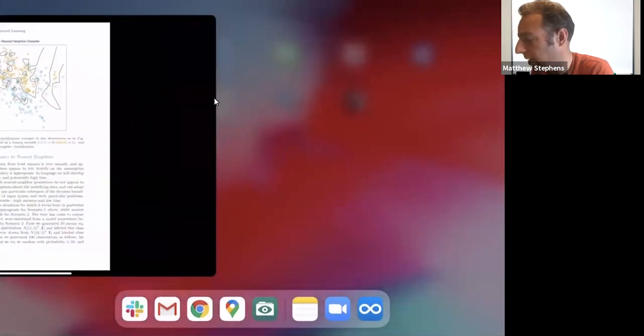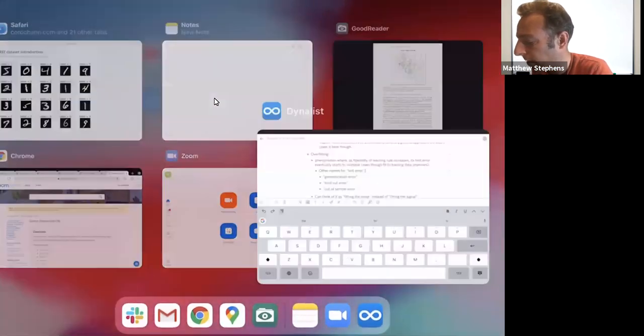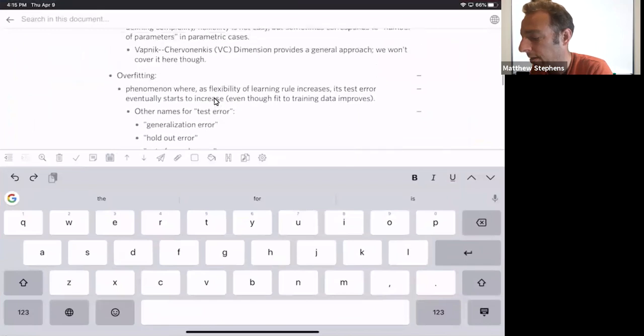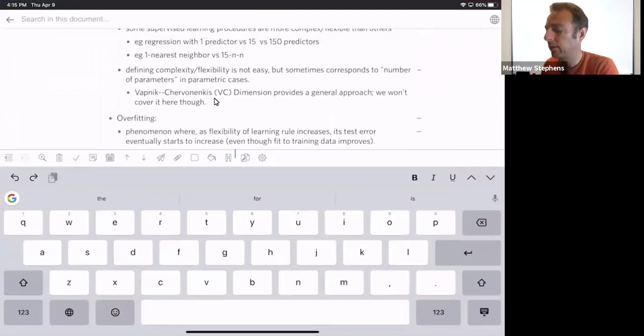There are ways to formalize these ideas. VC dimension is a general approach. If you're interested, you could look that up. We're not going to cover it for reasons of time, but you can quantify the notion of complexity or flexibility. In the parametric cases, it usually corresponds to something like the number of parameters.